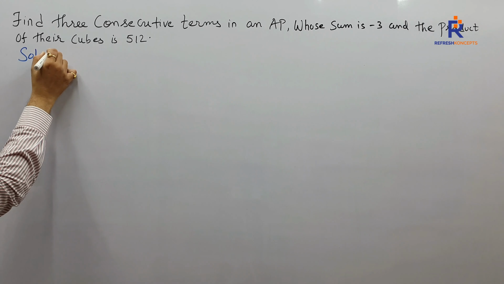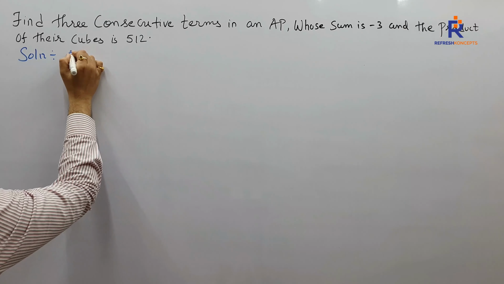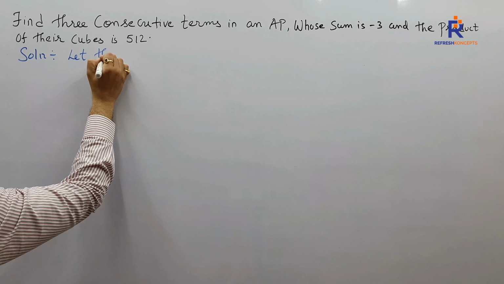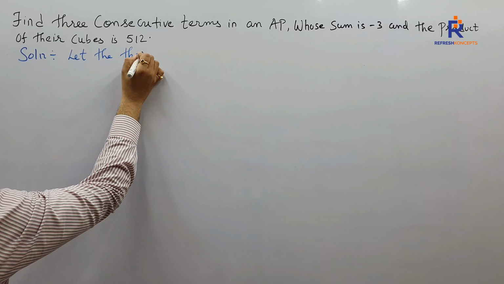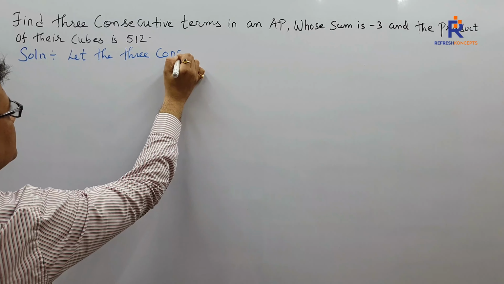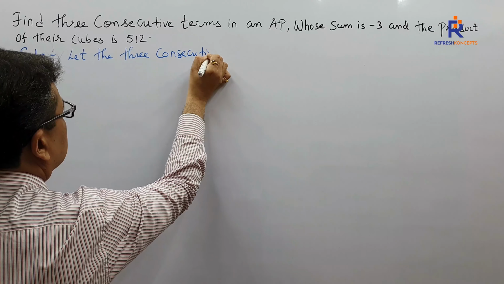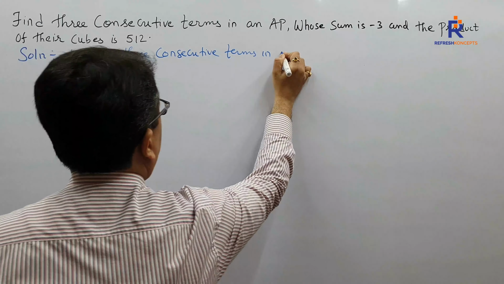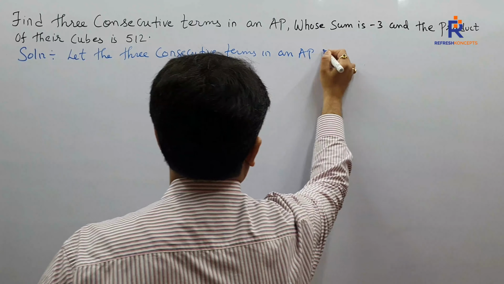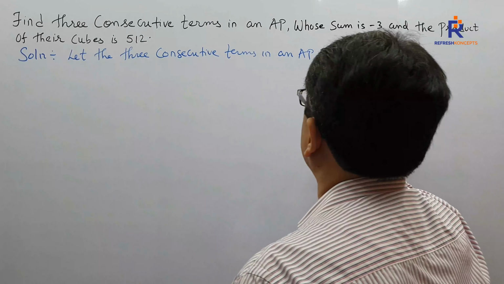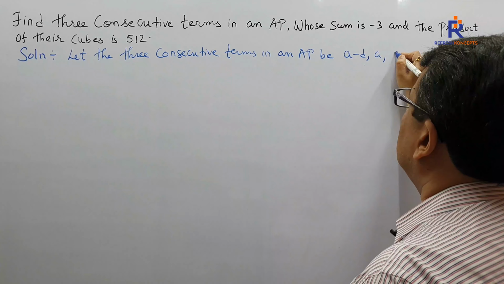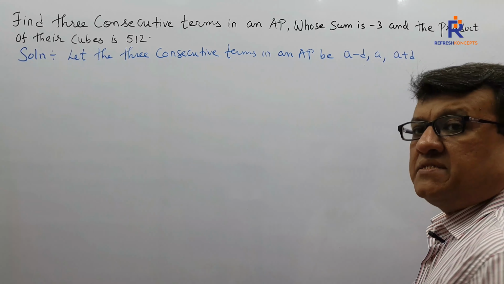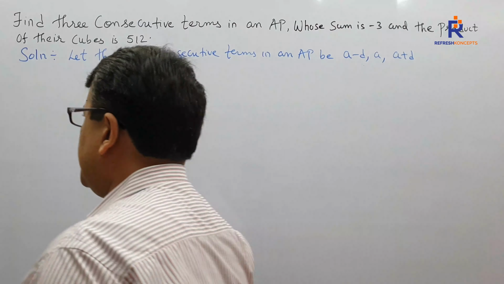We initialize with it. Let the three consecutive terms in an AP be A minus D, A, A plus D. Right?